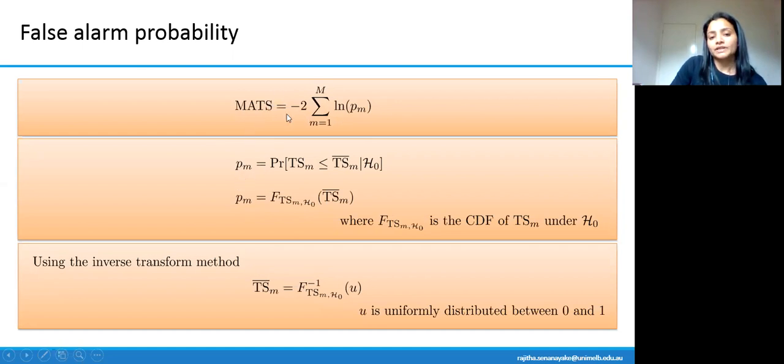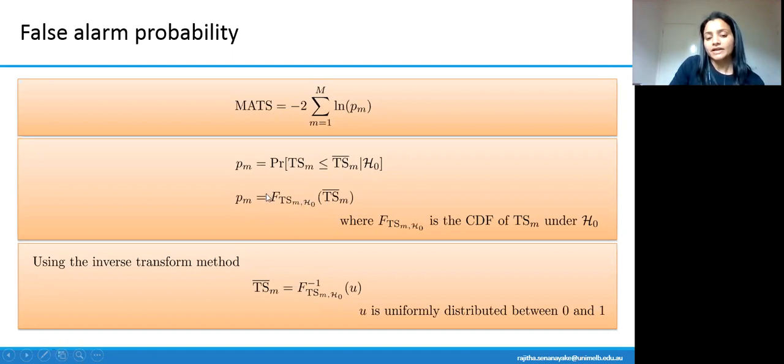That means I want to find the CDF of this p-value, which can be found by using the inverse transform method, because the p-value is defined using this probability. It is the probability that this test statistic, under the null hypothesis, is evaluated at this value.